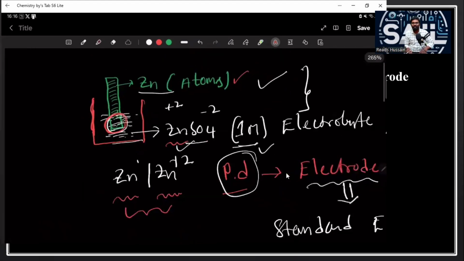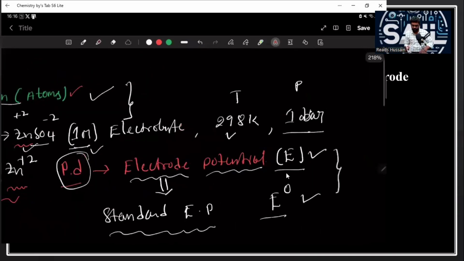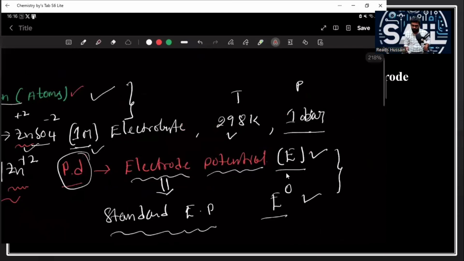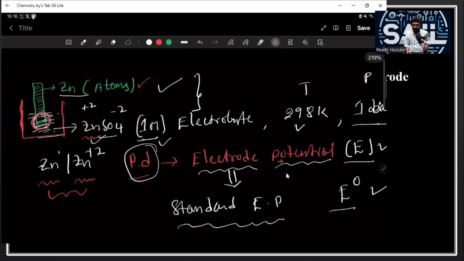Similarly, if I change the temperature, the potential difference changes. Standard electrode potential means electrode potential at the temperature 298 Kelvin. If you change the temperature, then the potential difference changes.